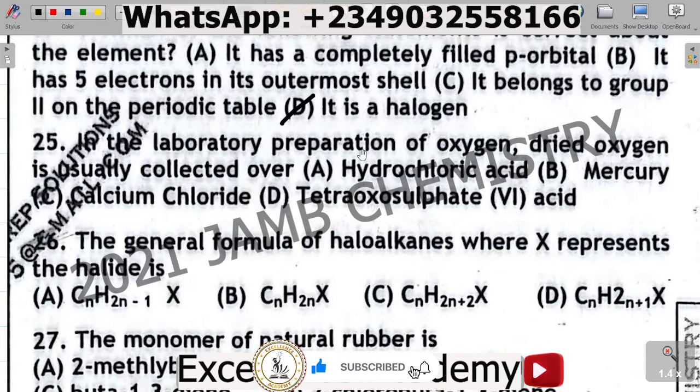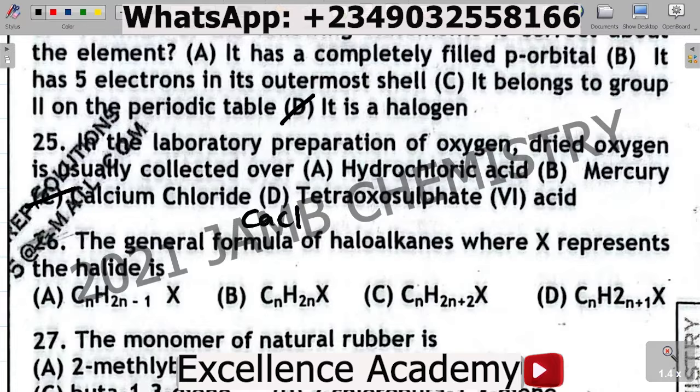Question 25. In the laboratory preparation of oxygen, dried oxygen is usually collected over: A. Hydrochloric acid, B. Mercury, C. Calcium chloride, D. Tetraoxosulfate(VI) acid. For 25, the correct answer is C, calcium chloride. To dry gases, a common drying agent used is calcium chloride, CaCl2.